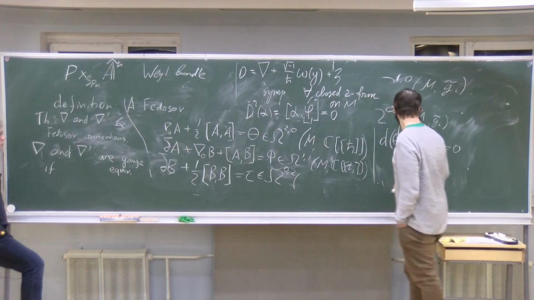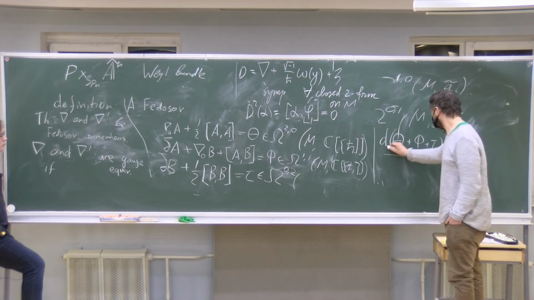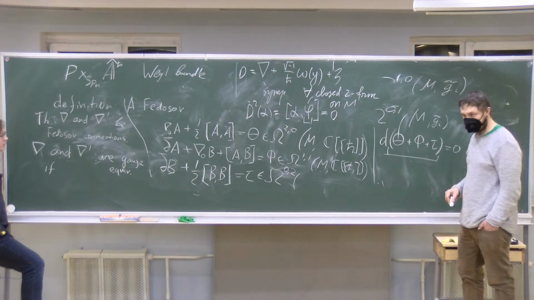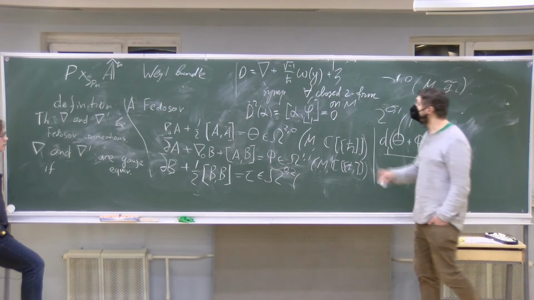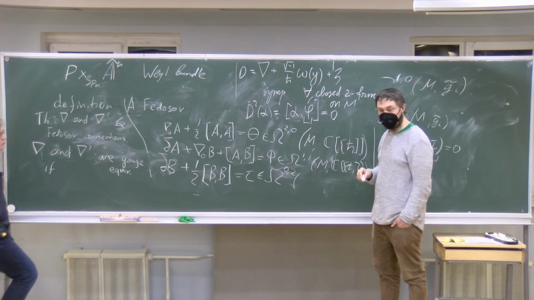Now, this phi is more or less a sum of three elements. In the real case, this phi was totally arbitrary.